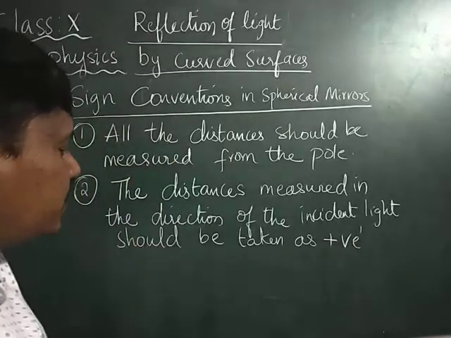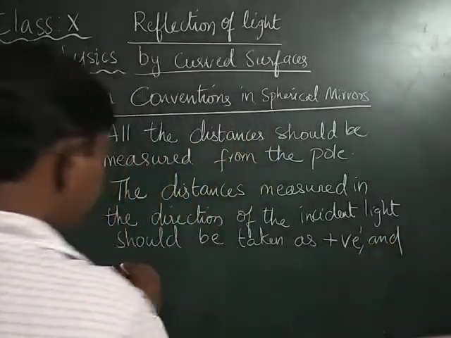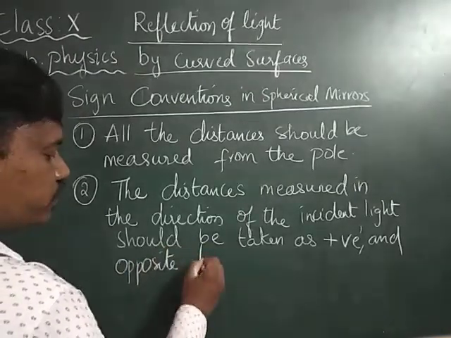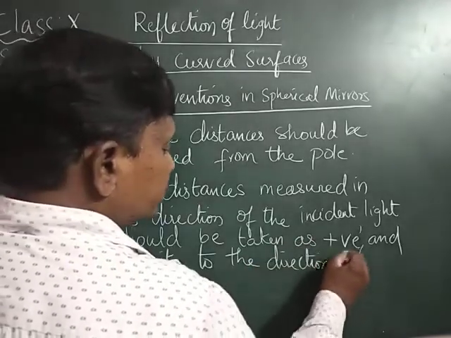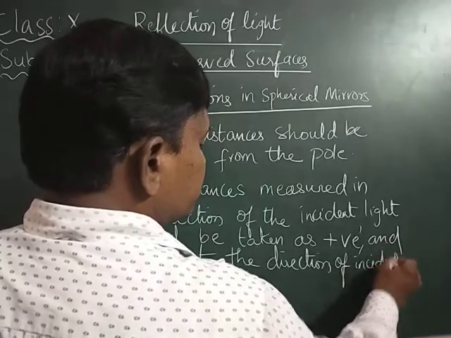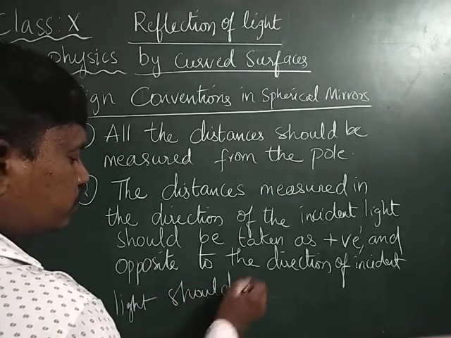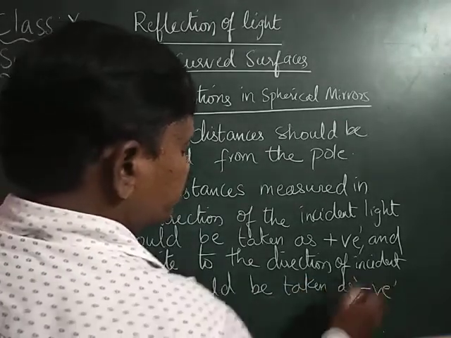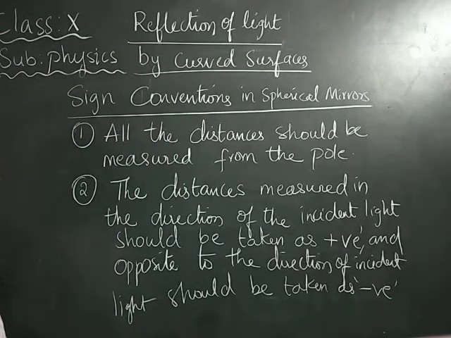The distances measured in the direction of the incident light should be taken as positive, and opposite to the direction of the incident light should be taken as negative.